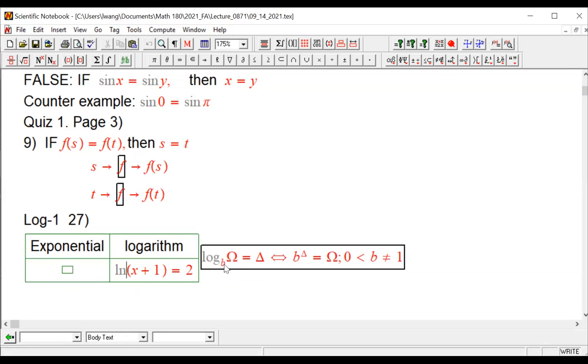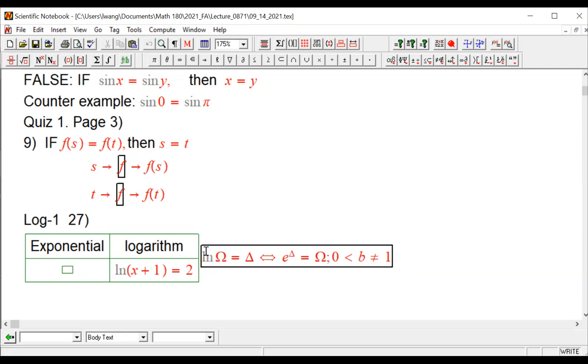For base 10, this will be log. For base E, if the base is E, this is going to be E, and that whole thing would be called ln.